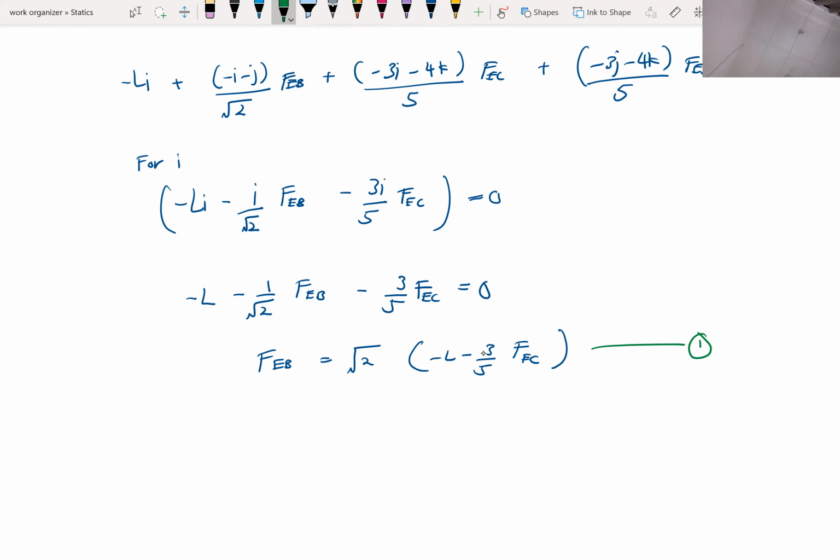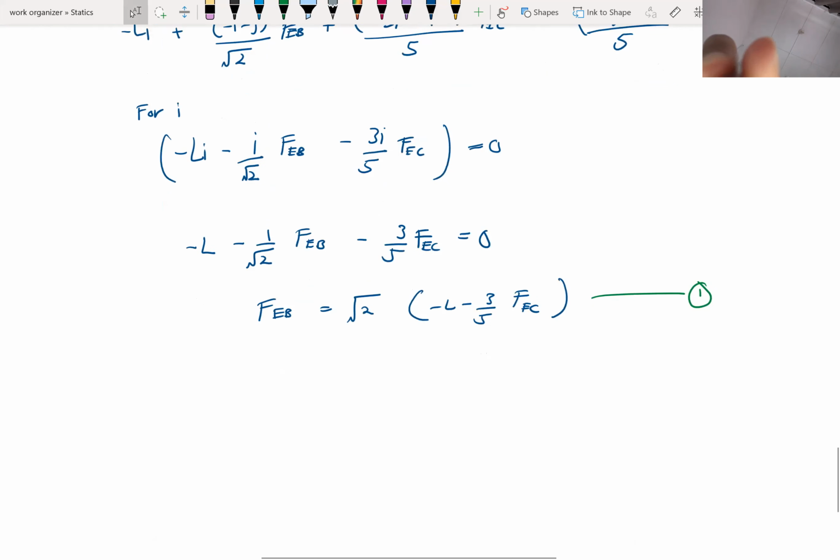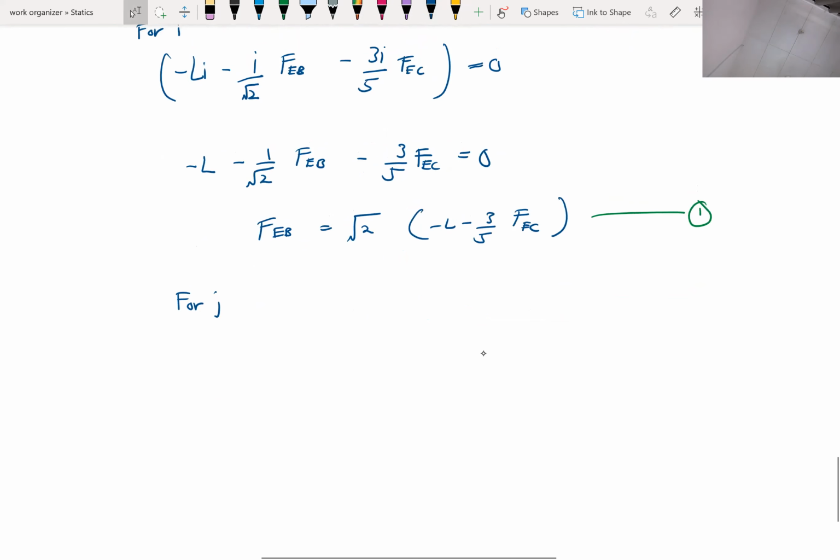Now we do for j. For j, we have negative j over square root 2 FEB minus 3j over 5 FED equal to 0.